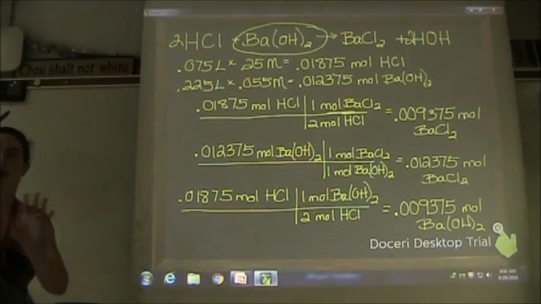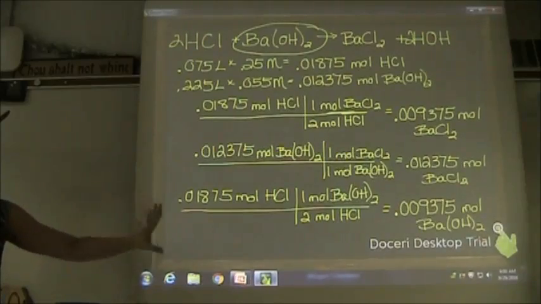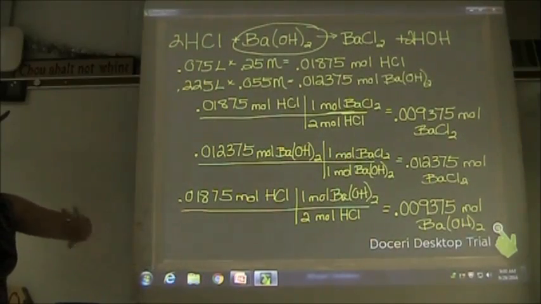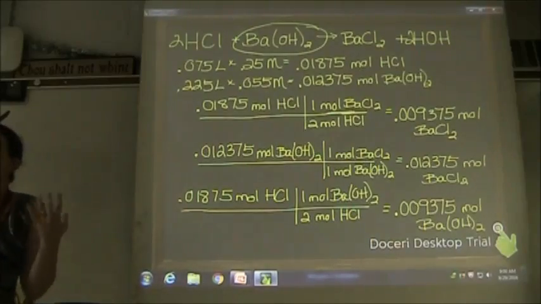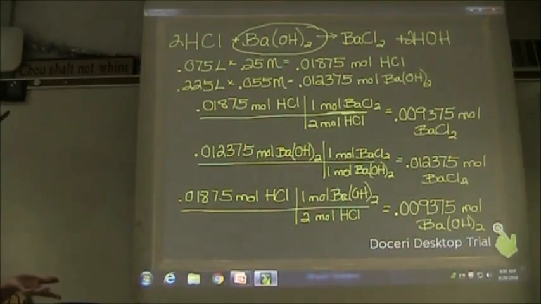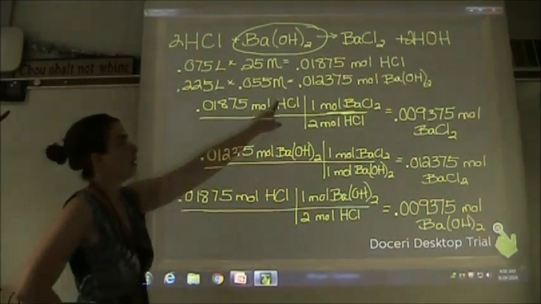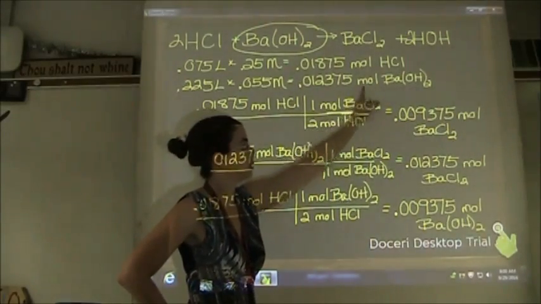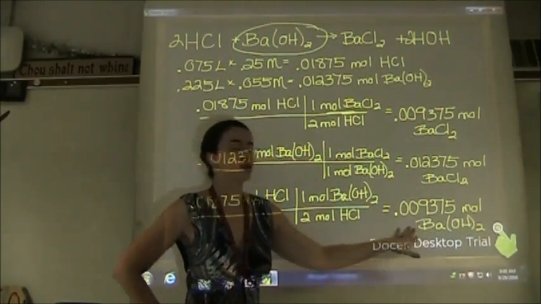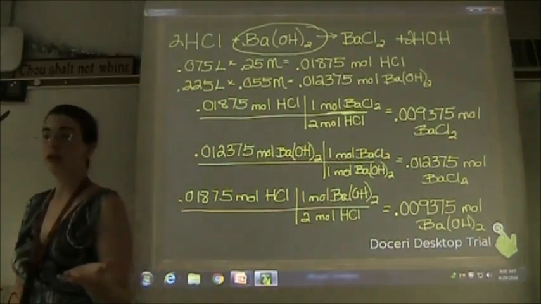Let's just make sure we understand what just happened. Barium hydroxide is our excess reactant. There will be some of it left over in the end. This is how much I started the reaction with. This is how much was consumed.